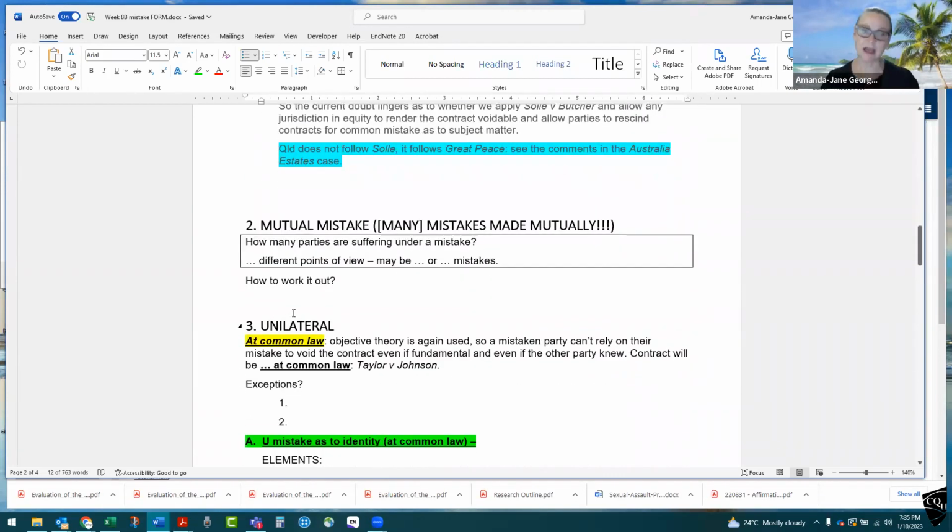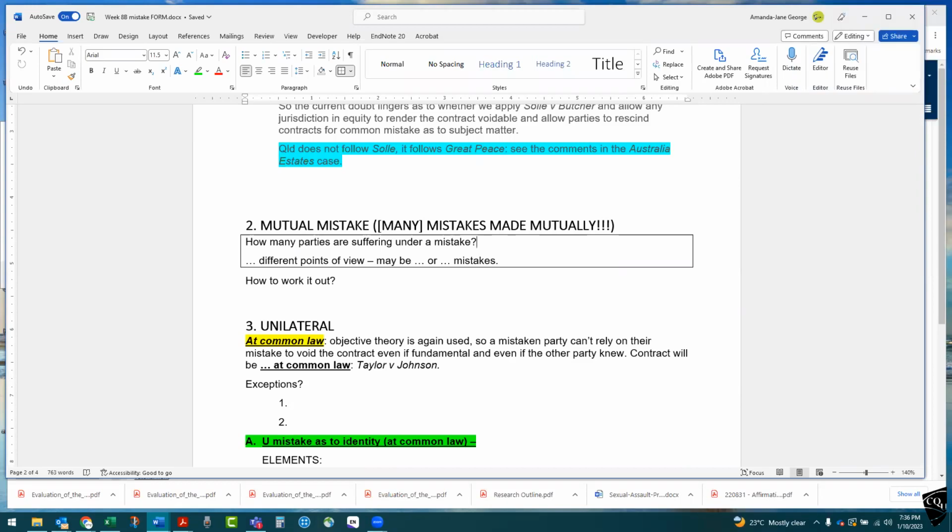Mutual mistake, okay. Many mistakes made mutually. How many parties are suffering under a mistake? If it's a bilateral contract, how many parties? Yes. Okay.